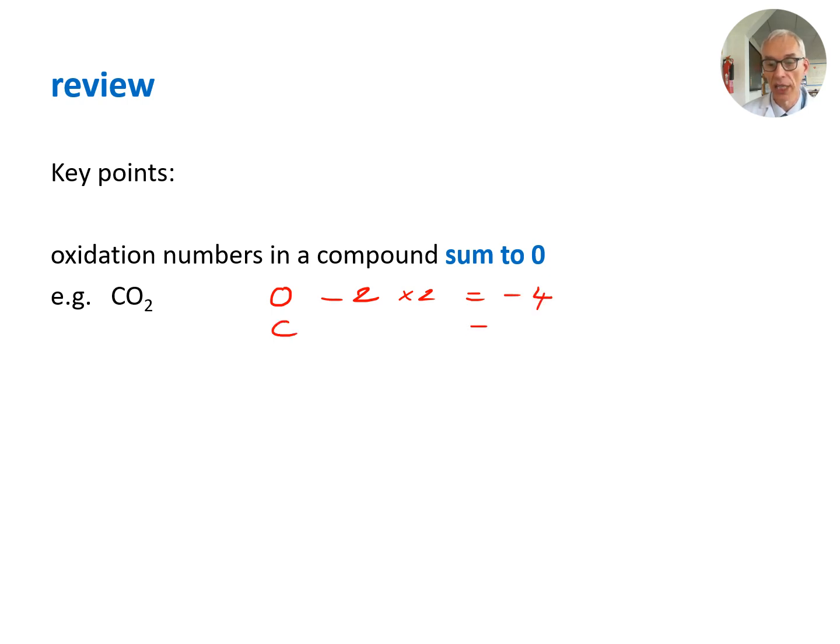Carbon, let's say we don't know what it is, we know that they must sum to 0, so carbon is +4. The oxidation numbers of 2 oxygens comes to -4, carbon is +4, they sum to 0 in a compound.